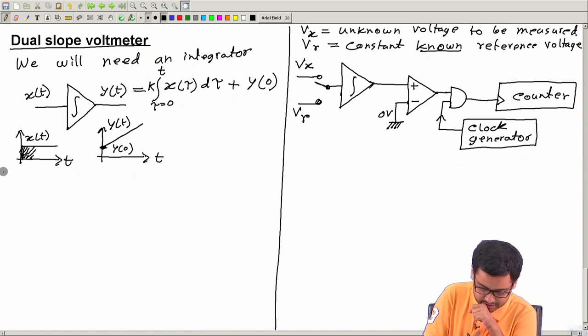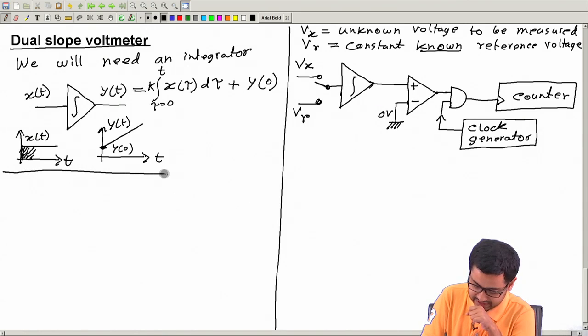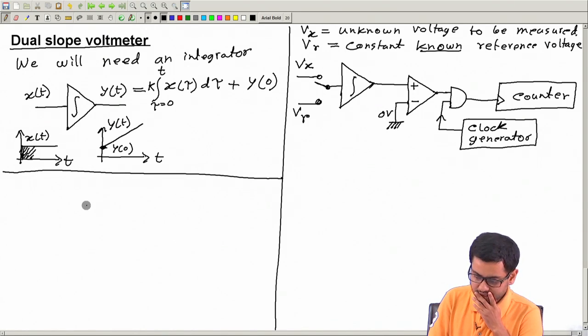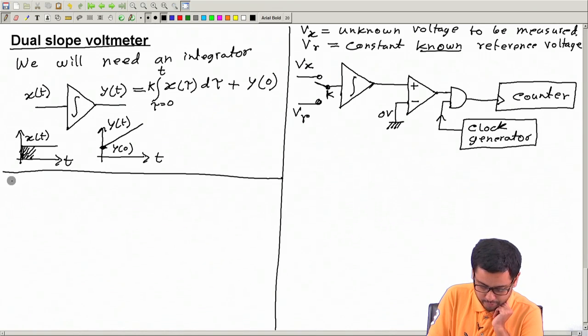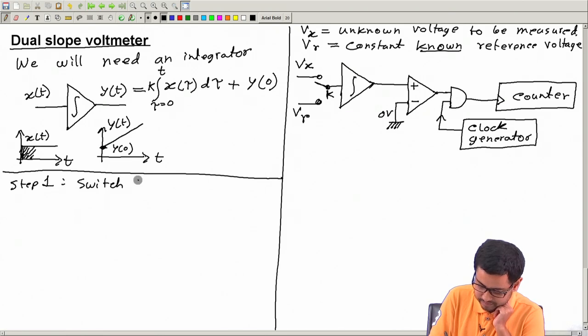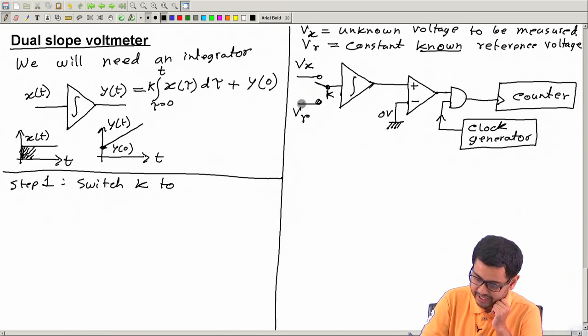So, the way we will measure is that, call this K. Step 1, connect or switch K to Vx.